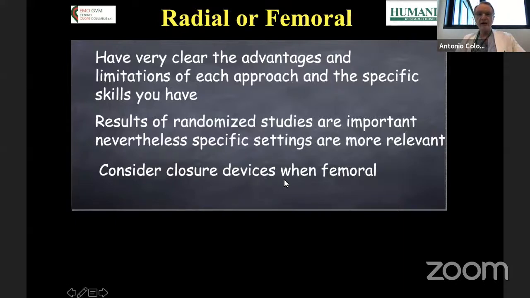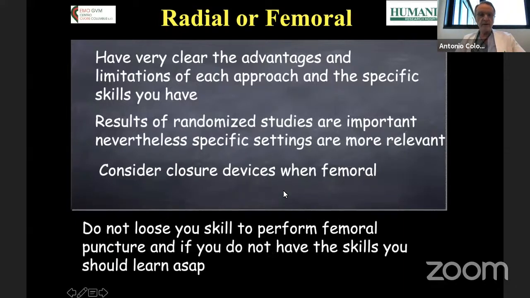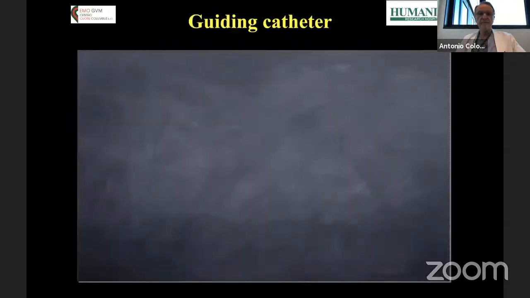Consider closure device when femoral. Do not lose your skill to perform femoral puncture, and if you do not have the skill, you should learn as soon as possible. Femoral is an essential technique and should not be replaced 100% by radial.